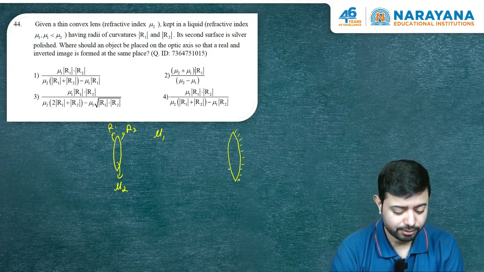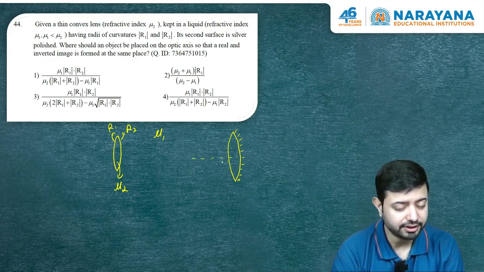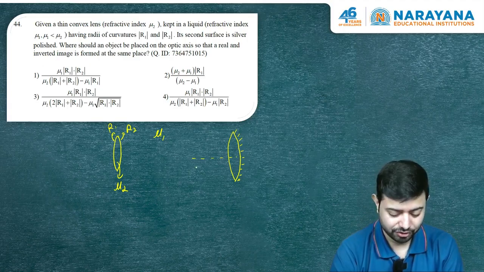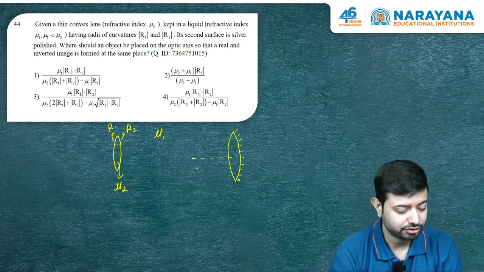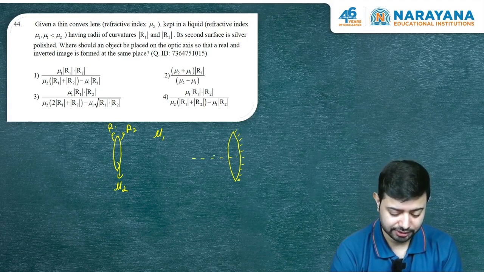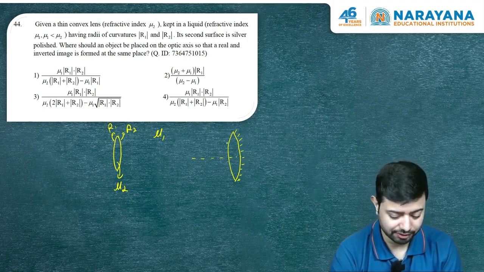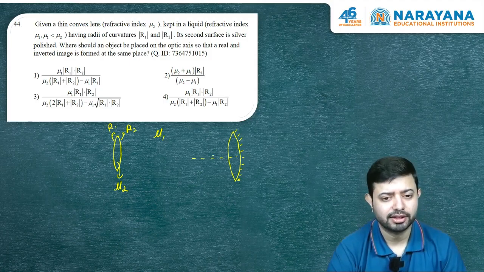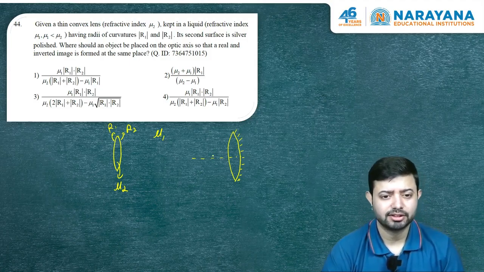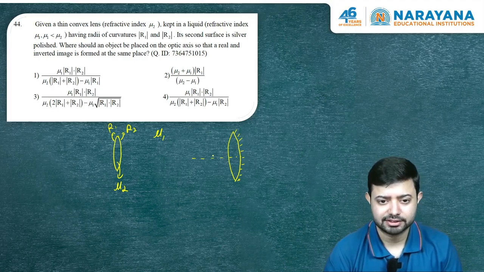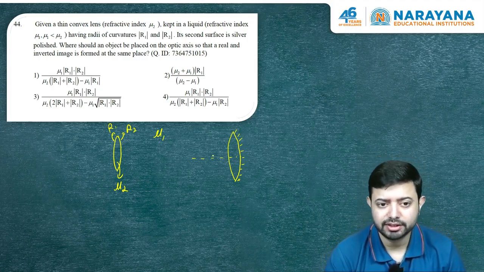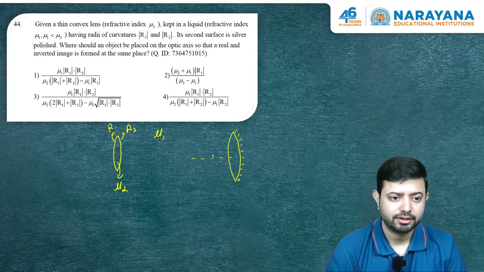Where should an object be placed on the optic axis so that a real and inverted image is formed at the same place? You need to find out where to keep it. There can be several methods: you can go by one refraction, then reflection, then refraction again, or you can use the total power concept.